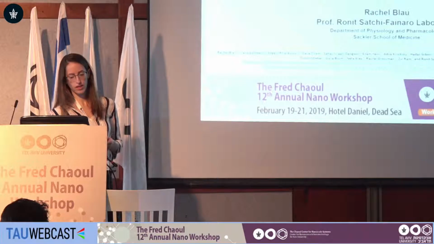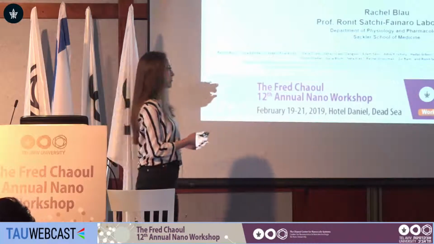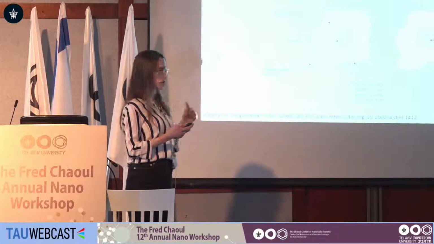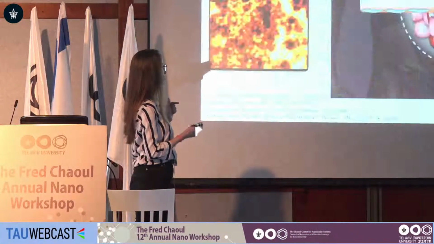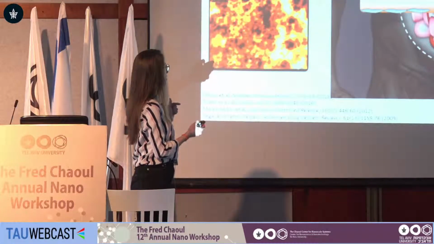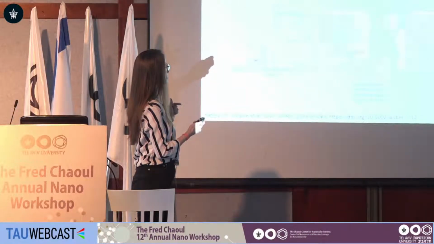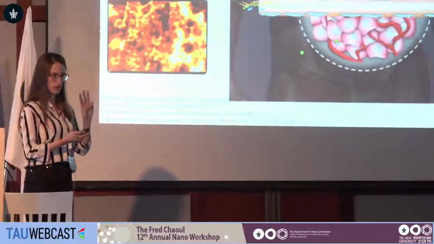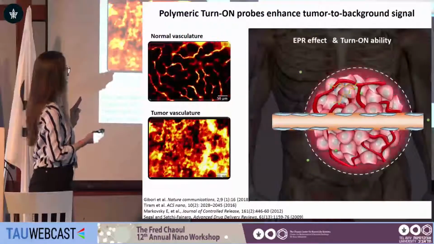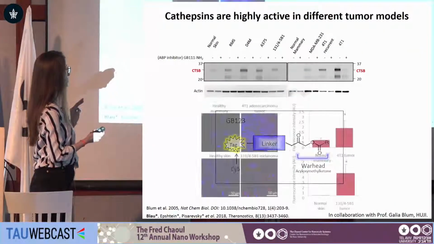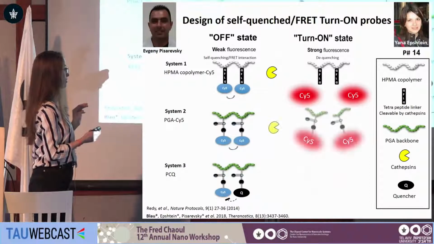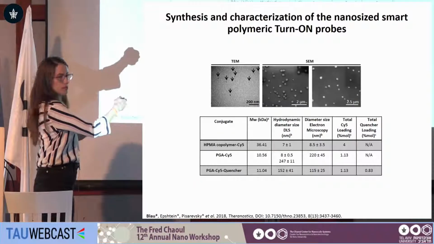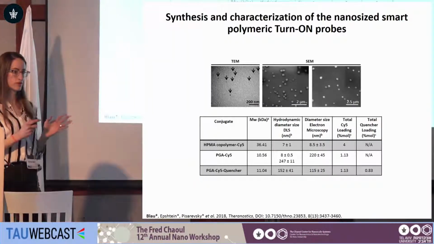Regarding your question, if we can make it small enough, the question is what is small enough? I showed you the physical-chemical characterization of the size. We generated 3 systems, and one of the systems was quite small, around 7 nanometers.